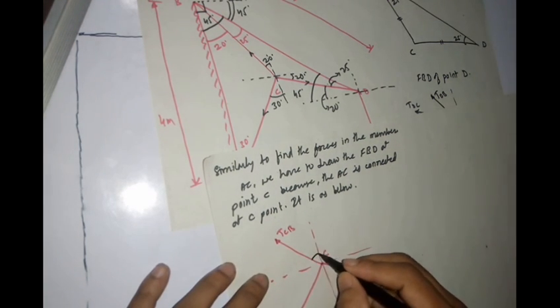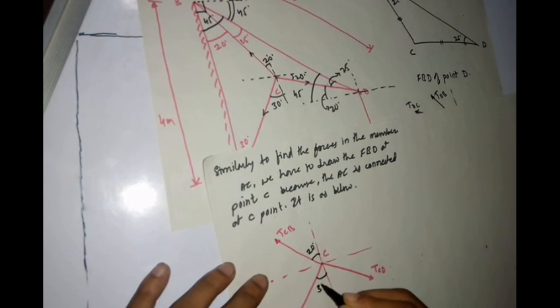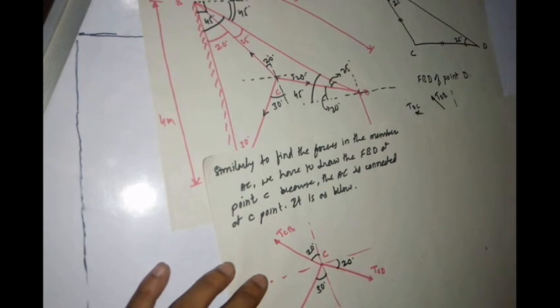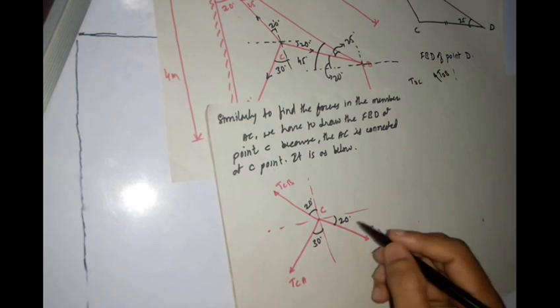The angles I will keep as it is, 20 degree, 30 degree, 20 degree. So this is the free body diagram at point C.